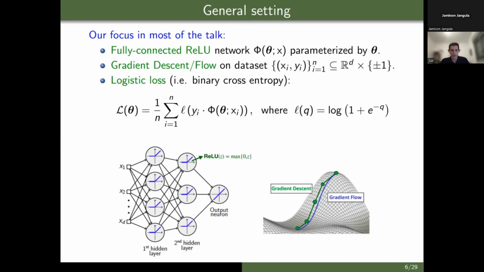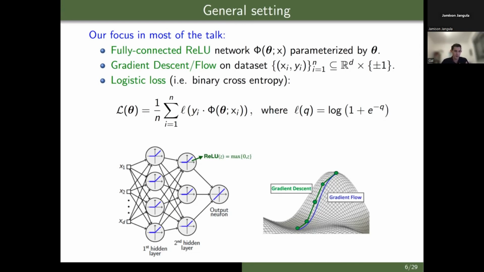We will train the network with respect to some training data set, and we will consider classification, which means that our labels are either +1 or -1. We will use the logistic loss function, which is a very common loss function for binary classification. It means that we run gradient descent with this objective given here.